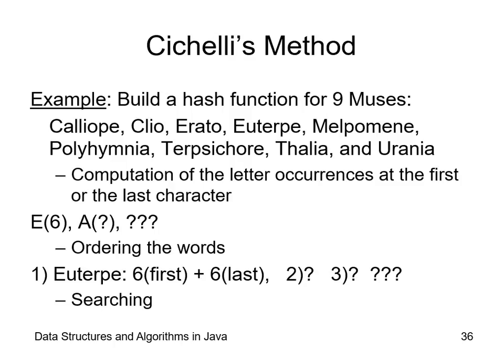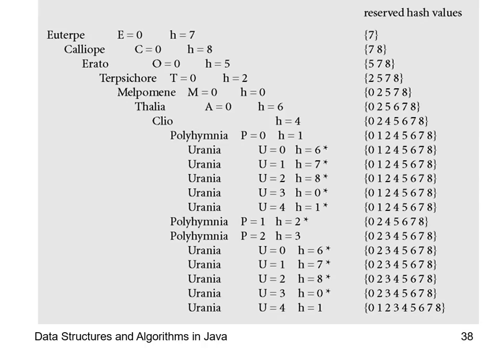So the whole thing mod 9 is 7. If we give the G function input E and it is 0, the hash value of Euterpe will be 7.